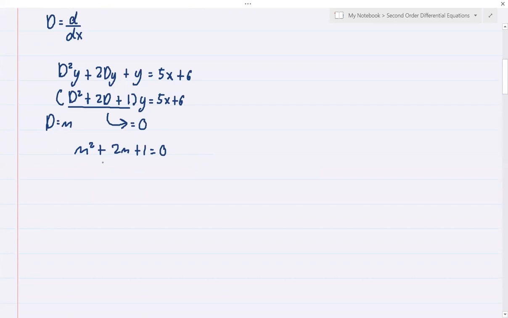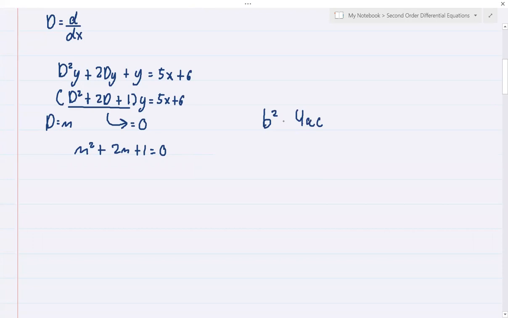If you're not that good in factoring, and you're having a hard time finding your m values, all you need to do is use the quadratic formula. If you're going to use it, let me give you some tips. This is from our first video about second order homogeneous differential equation. Remember, if we have b squared and 4ac, then we will have some conditions.